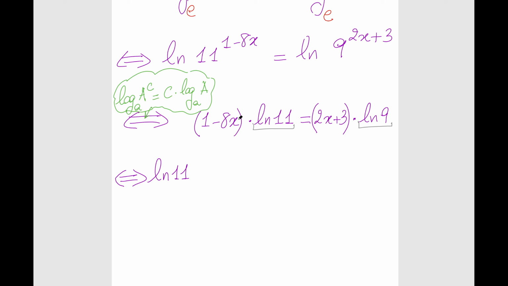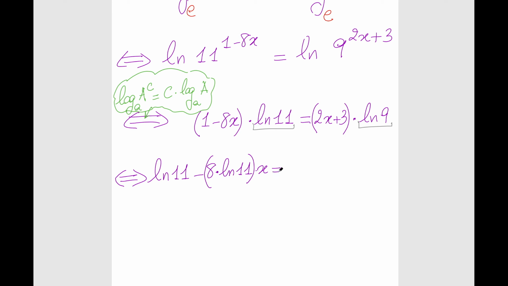Minus 8 times x times this number is the same as saying minus 8 times the number times x, because multiplication is commutative, right? So we get this. Remember, it's multiplication. So since multiplication is also associative, I can group these two together, and then the result is going to be multiplied by x.